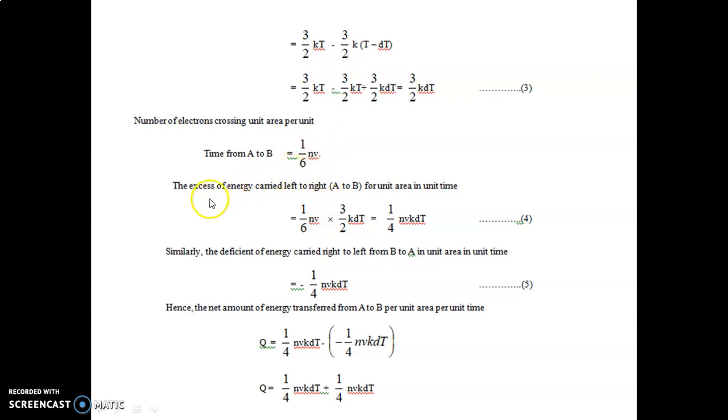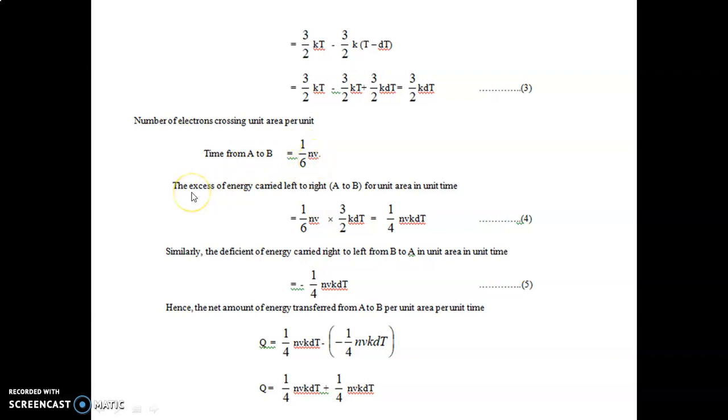Next, we know each electron carries 3 by 2 k into dT energy when it transfers from A to B. We know the total number of electrons transferred from A to B for unit time for unit area of cross section is 1 by 6 into n into v.